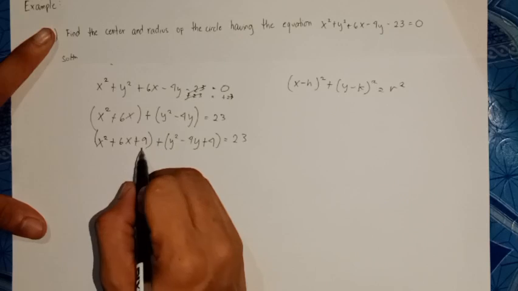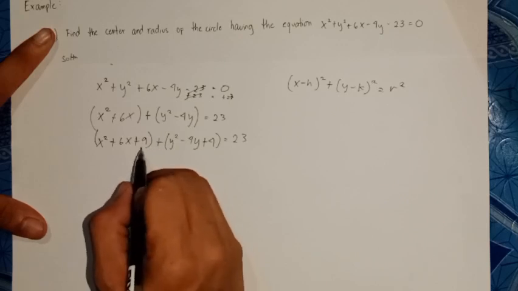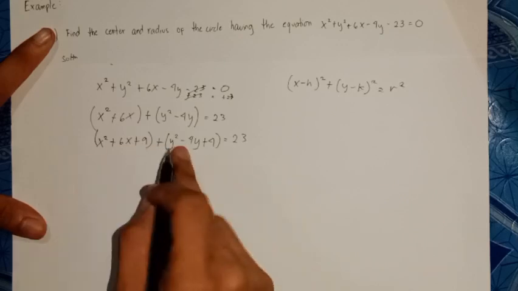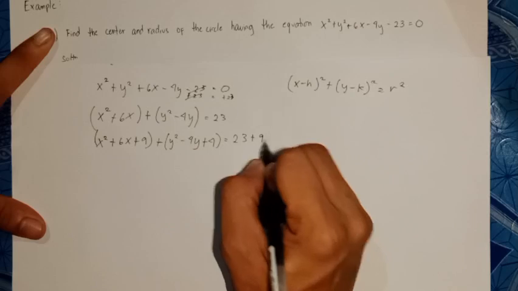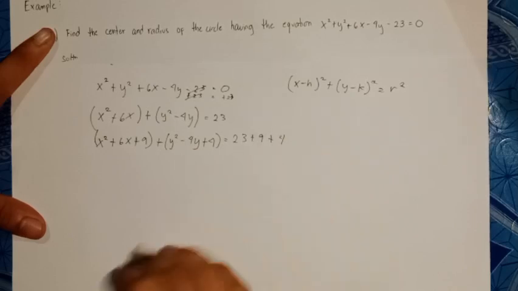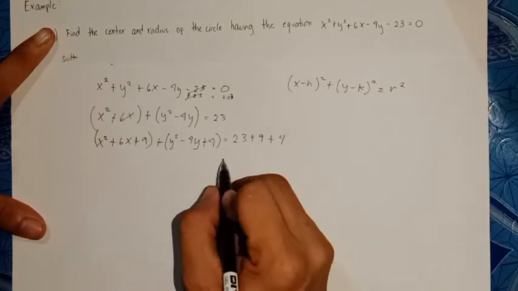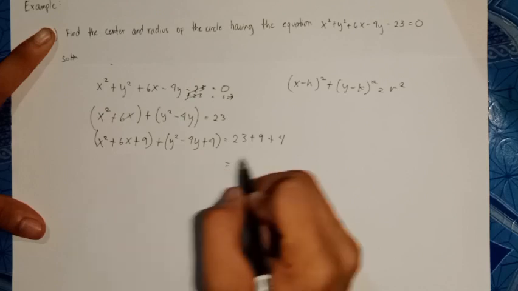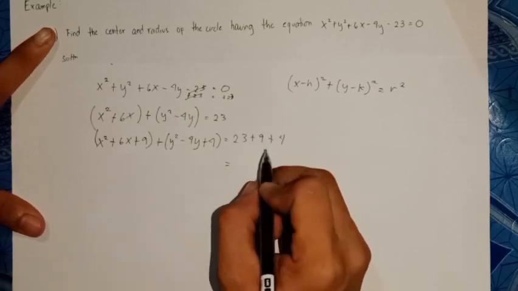Since we add positive 9 and positive 4 on this side, we also need to add positive 9 and positive 4 on the other side. Now, simplify. 23 plus 9 plus 4 is equal to 36.